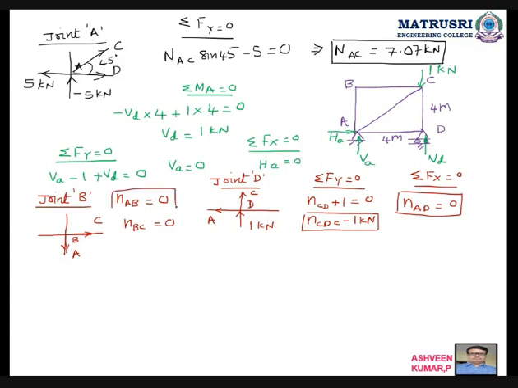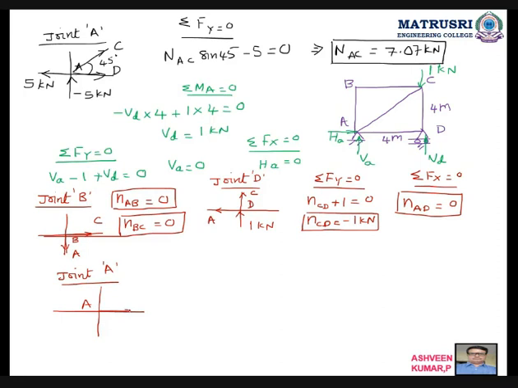So already I got 4 out of 5. So one more I will take now. That is same, I have taken joint A. So joint A, first I draw the x-axis, y-axis. HA is 0, so don't write anything. VA is also 0. Don't write anything. Then what is there here?